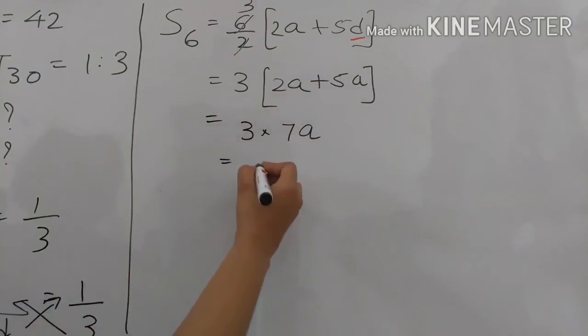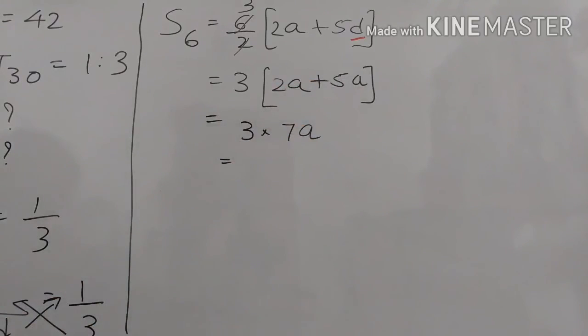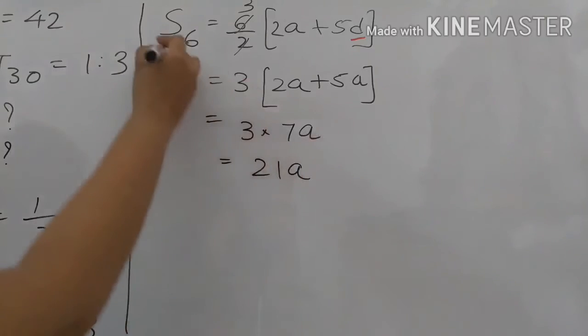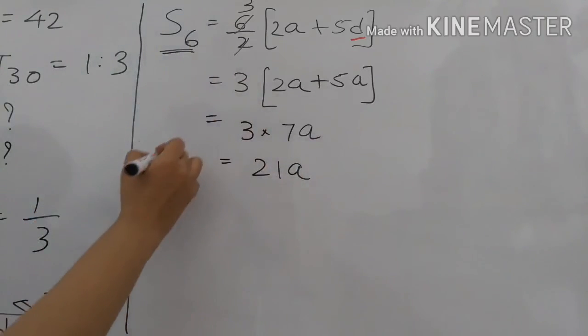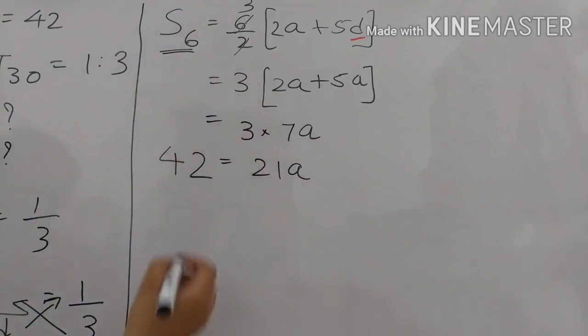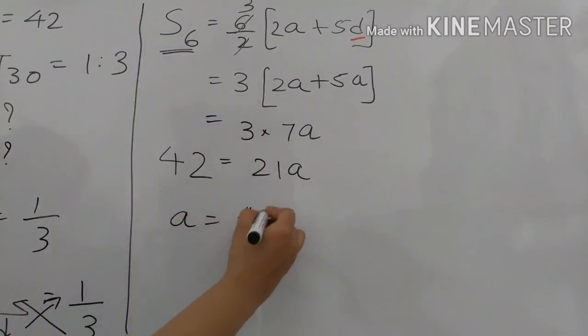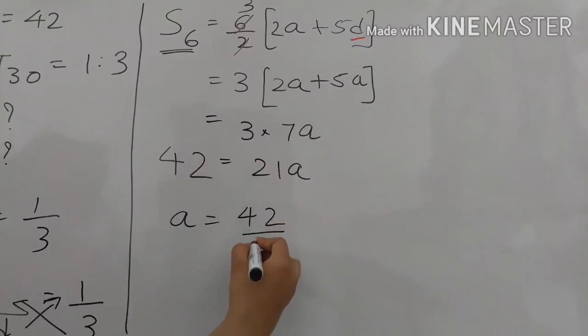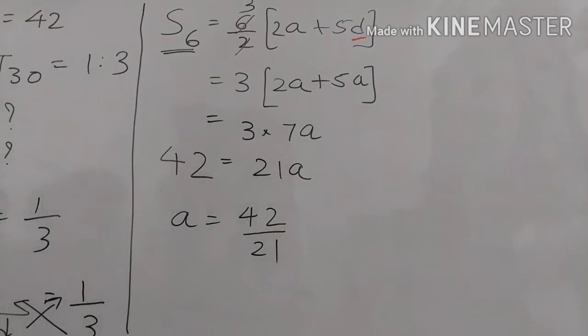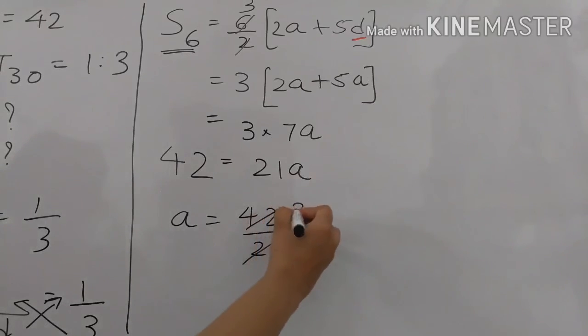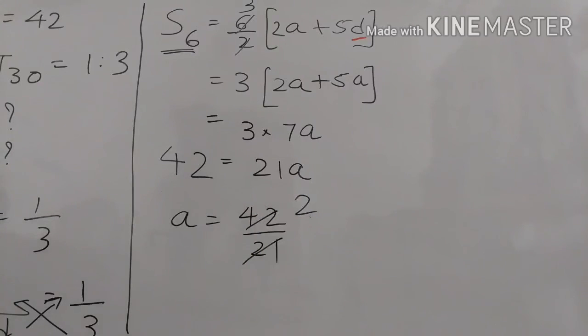This is 7 threes are 21A, and as S6 value is already given in the question as 42. So we have to find our A value by 42 divided by 21. So that is 2. So A value is 2 here.